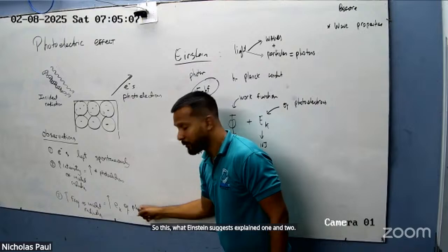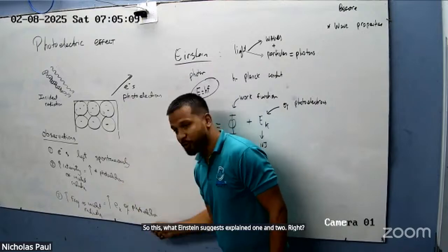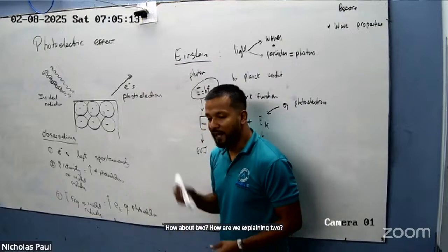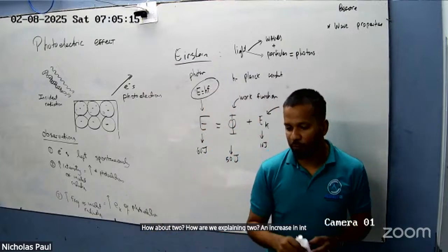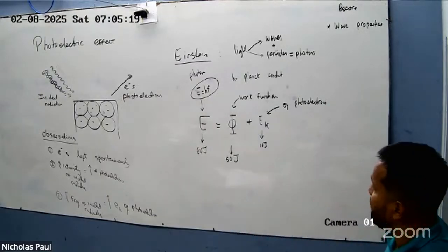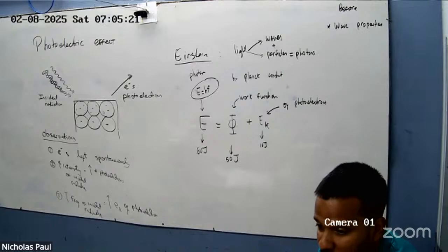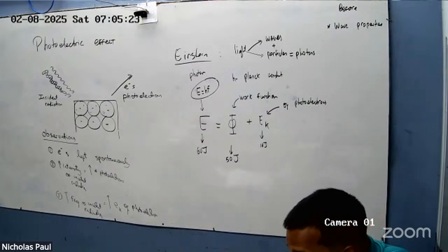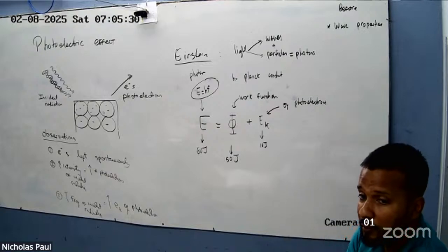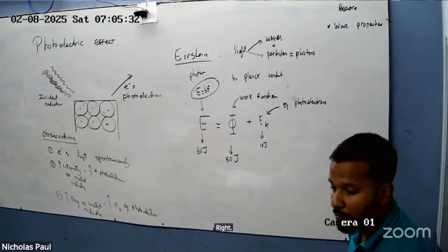What about 1 and 3? What about 2? How are we explaining 2? An increase in intensity giving you more photoelectrons. H is a constant, the Planck constant. That didn't happen.